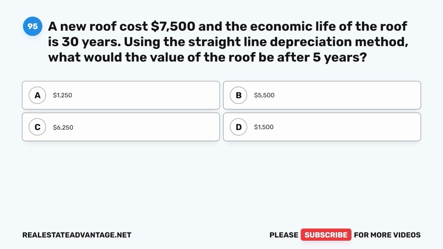A. $1,250. B. $5,500. C. $6,250. D. $1,500.